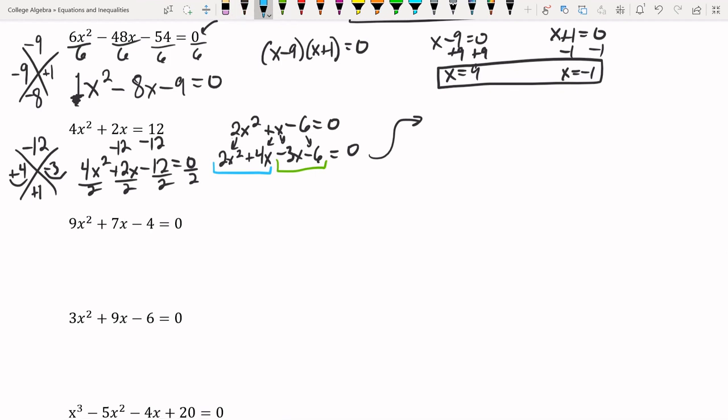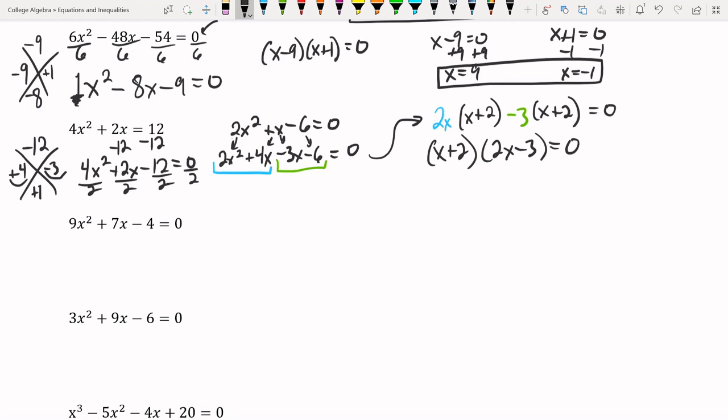So for the blue, I can take a 2x out. That leaves me with x plus 2. From the green, I can take out a negative 3. That leaves me with x plus 2 equals 0. And now you see the x plus 2 are in common. And we have 2x minus 3.